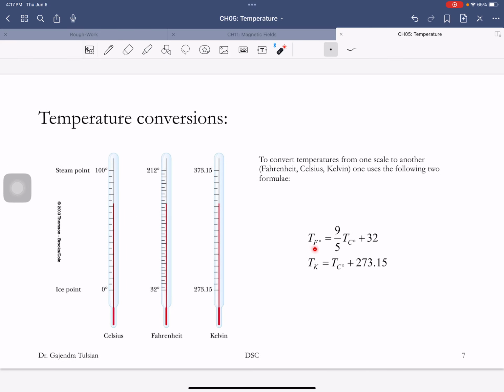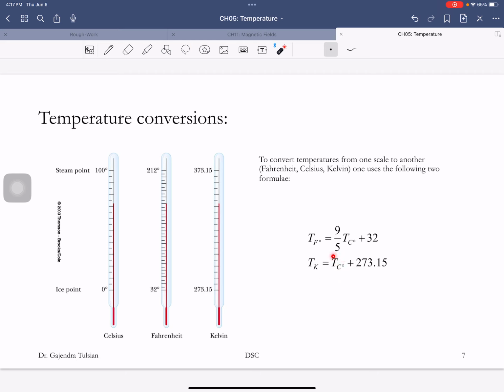Okay. These formulas tell us how to convert between the Celsius scale and the Fahrenheit scale. If you have the temperature on the Celsius scale, how do you convert it to Fahrenheit? And this formula tells you how to convert from Celsius to Kelvin.